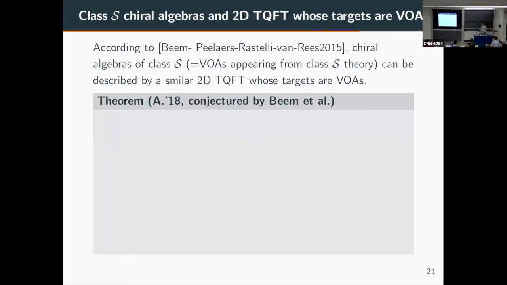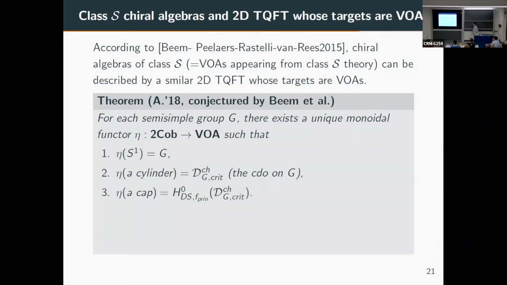And the statement is that such a 2D TQFT indeed exists, and it's characterized by this condition. So the first condition just defines a correspondence between objects. So S1 goes to this group, the flavor symmetry group, and the cylinder goes to the so-called CDO at critical level on G, and the cap goes to the Drinfeld-Sokolov reduction of CDO.